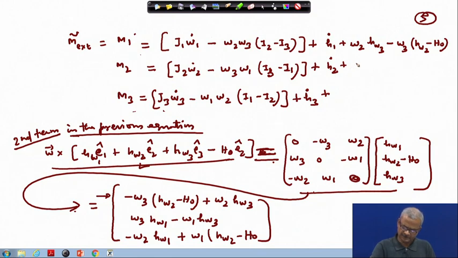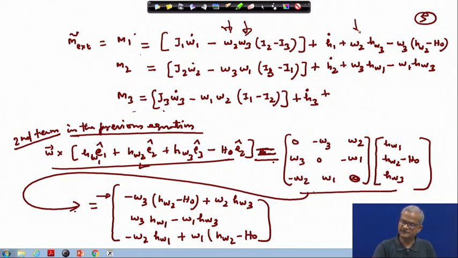Similarly, the other term I can take up, which is omega 3 times H w1 and minus omega 1 times H w3. You can see that the sequence here for omega 1 was omega 2 and omega 3.